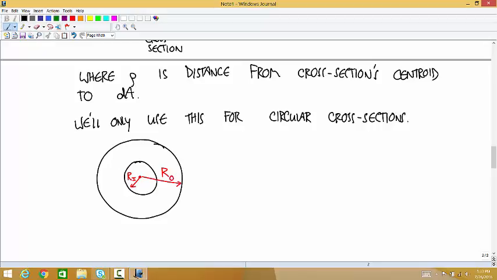And we'll define our infinitesimal area dA like this. So it's going to be a thin circular strip where everything on that strip is the same distance from the centroid. And so this distance is what we'll call rho. And the thickness of this strip we'll call d rho.